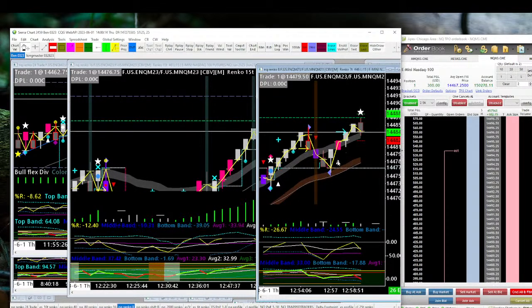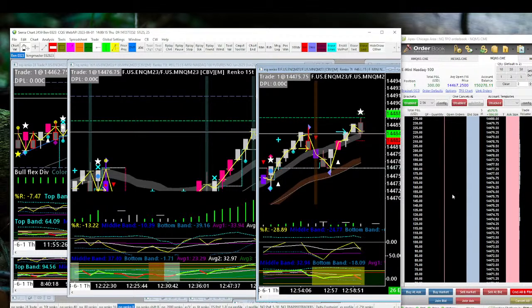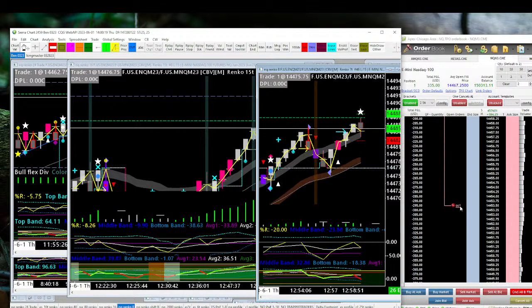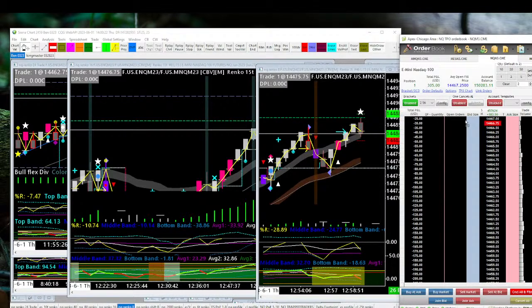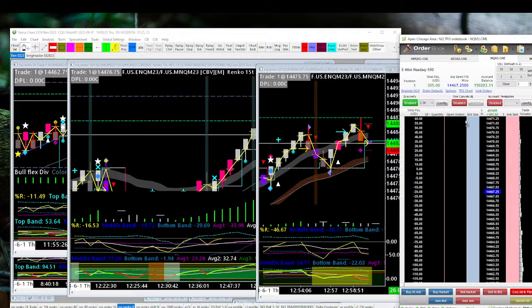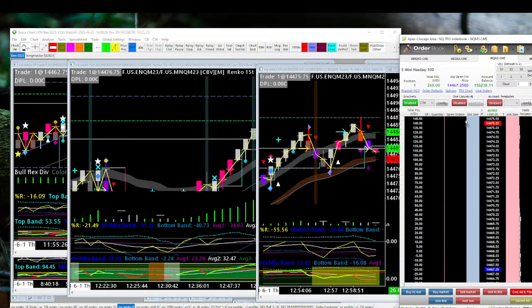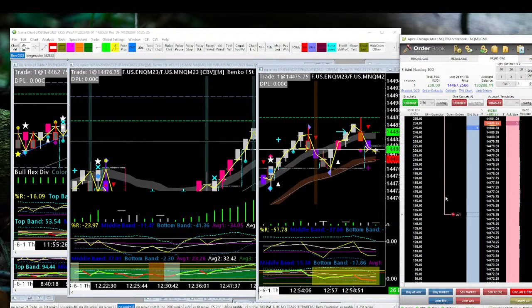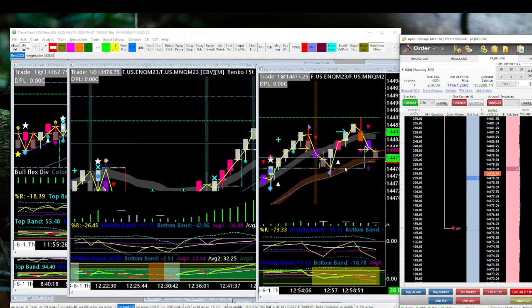Let's put the stop to like 76. And just see if I can push this a little bit. No, don't fall. Okay, we might get trailed out, which would suck.